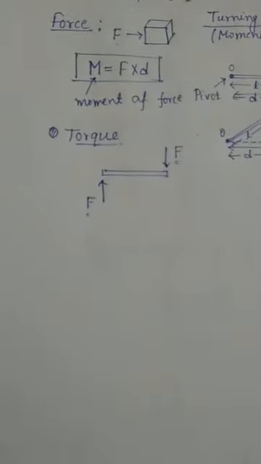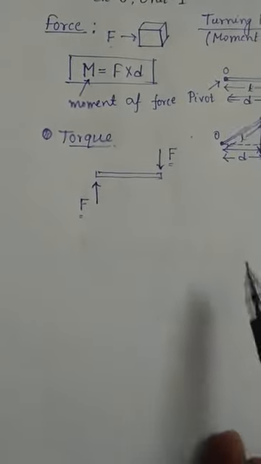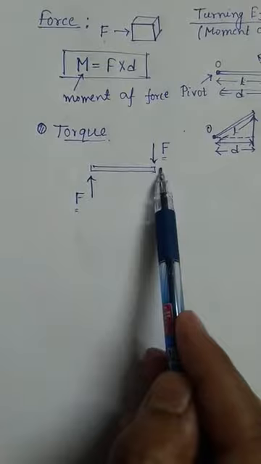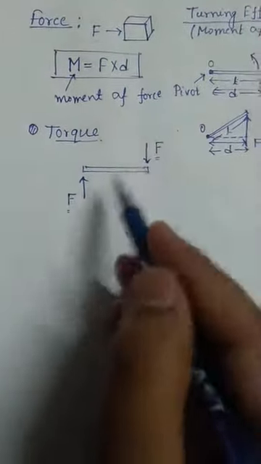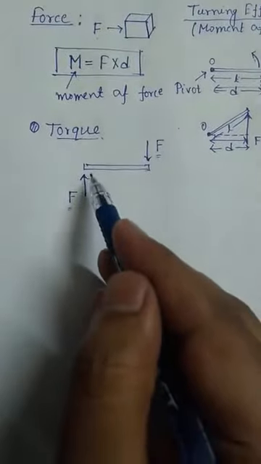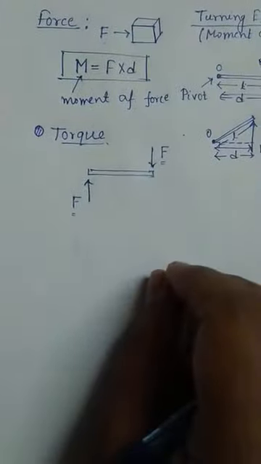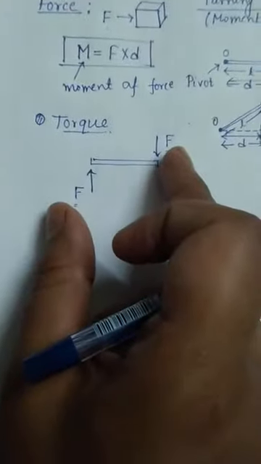A pair of equal sized turning forces acting in different directions is called a couple. These two forces will be called the couple, and the turning moment caused by this couple is called the torque.